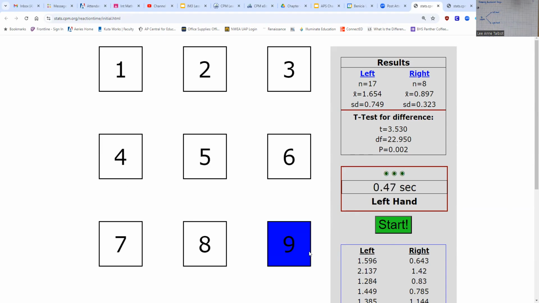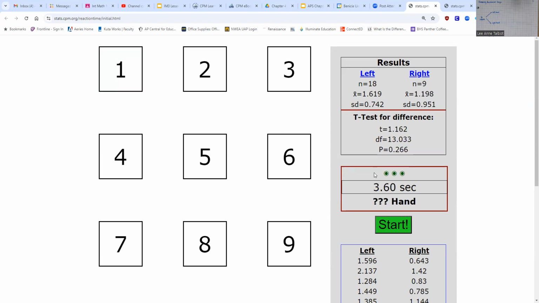Left hand, 1.1. Right hand, right hand, right hand. I always thought it was 5 seconds. I saw everybody's grades.